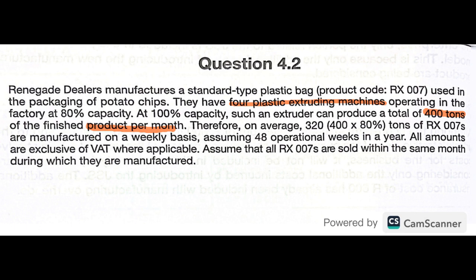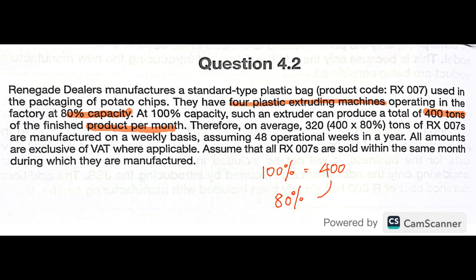So immediately here, you'll need to calculate it. You'll see it in the next sentence as well. If at 100% capacity, they are producing 400 units, then we need to now know how many units they will produce at 80% capacity.